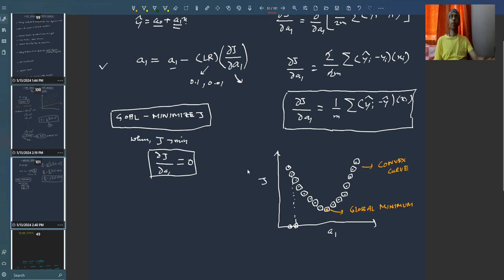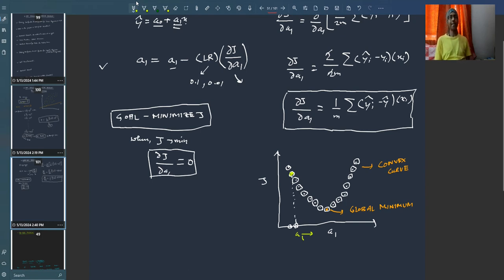Now we will come back to our equation. Initially, j can be somewhere here, which simply means that the A1 value is low and j is decreasing. In that case, A1 will keep on increasing till a point where j reaches the minimum and starts rising again.